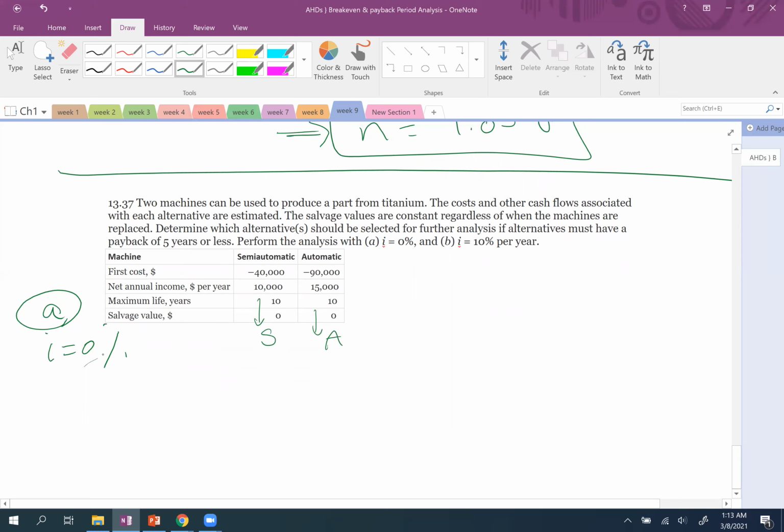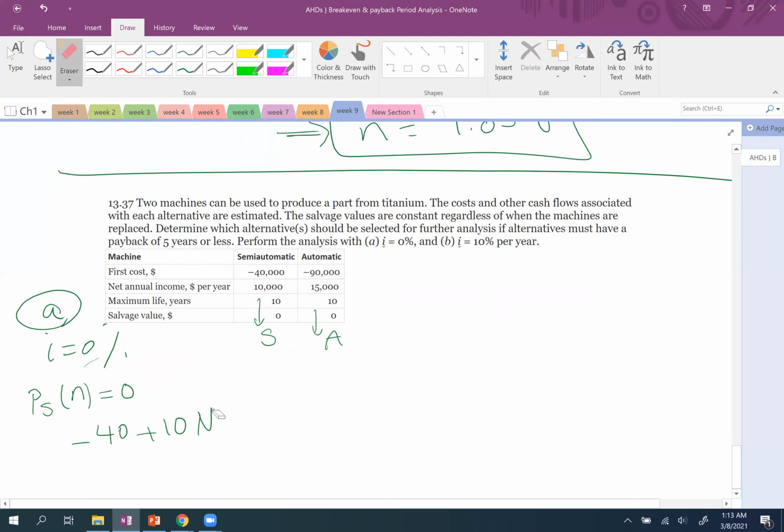When i is equal to 0, we always say present worth of whatever you have, as a function of n, set equal to 0. And it will be negative 40, I can drop 3 zeros, plus 10 times n.